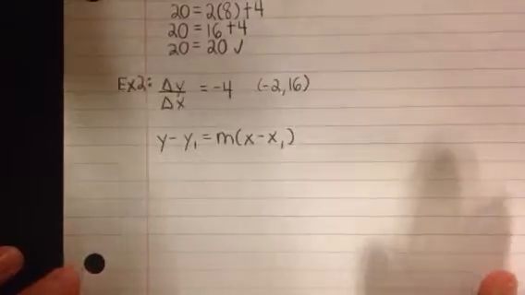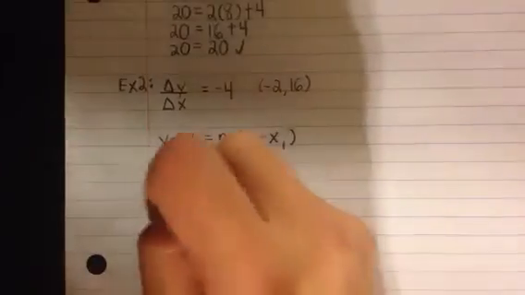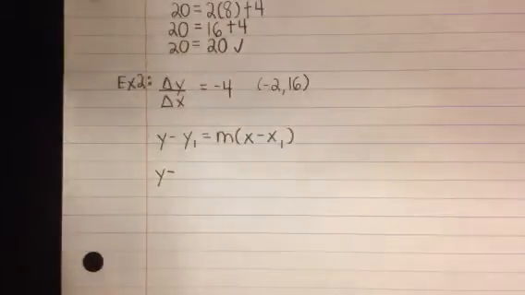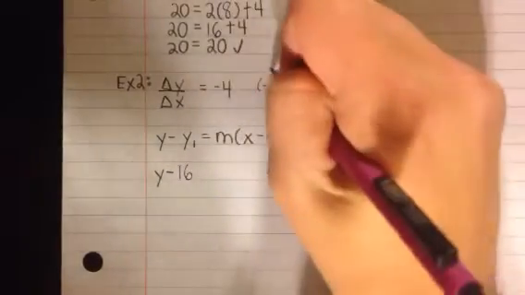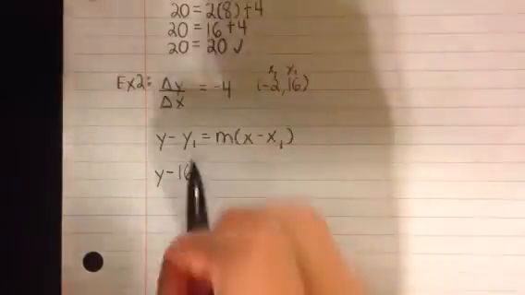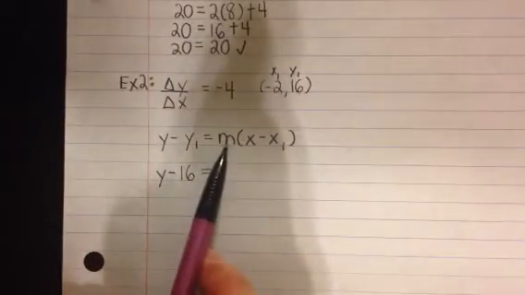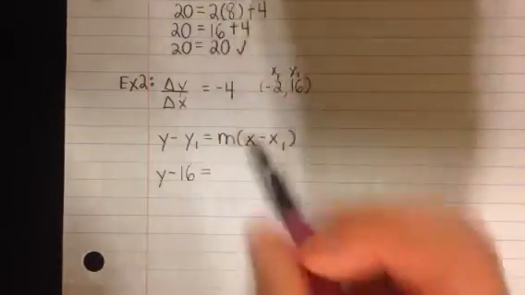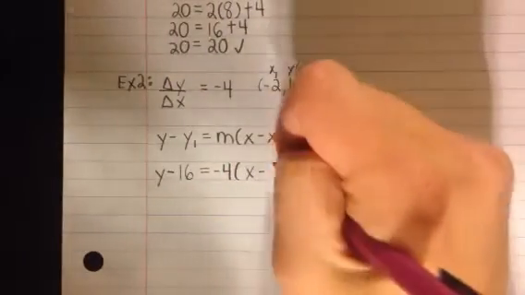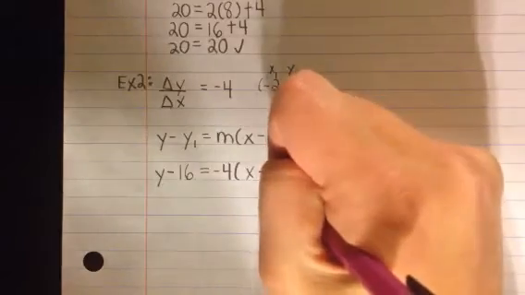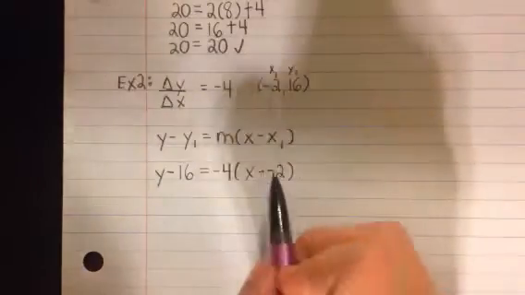Let's go ahead and plug into our formula. So when we plug in, we'd get y minus y1, which is 16. Remember, this is x1, y1, equals our slope, or our m, which is negative 4, times x minus x1, and x1 is negative 2. Ooh, so we've got minus negative 2.